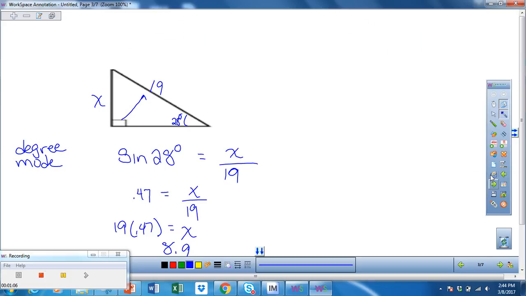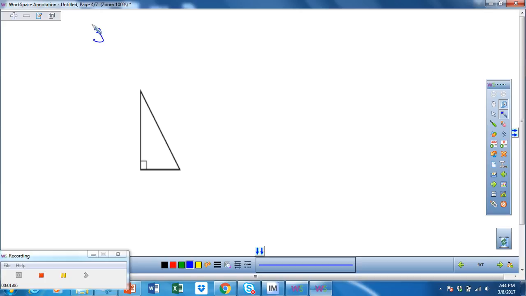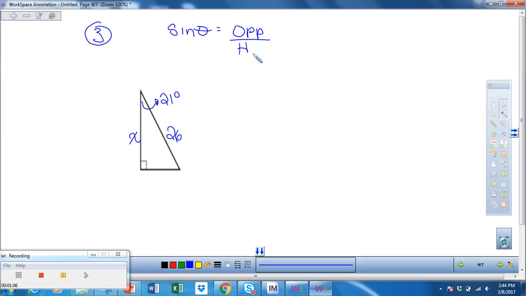I'm doing problem number 3 on that same page. For this problem, I'm given this angle of 21 degrees. I am looking for x, and I'm given the hypotenuse. So once again, I know that sine of the angle is equal to opposite over the hypotenuse.